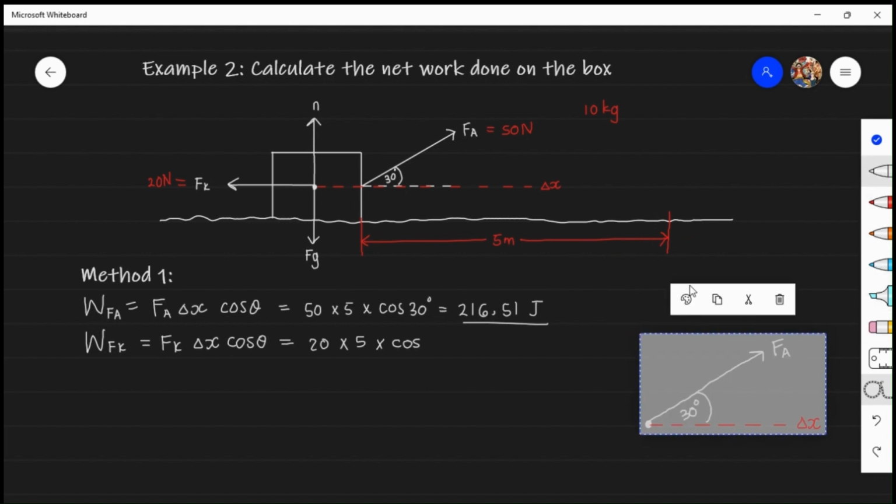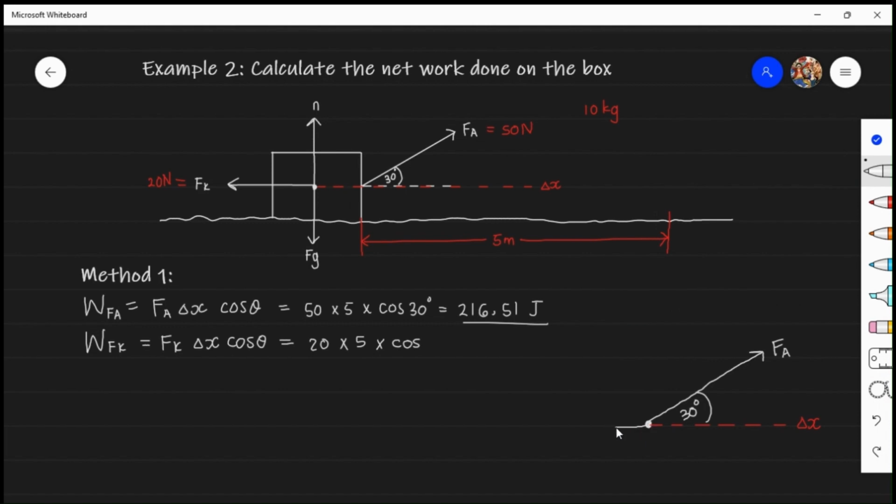Now, let's draw our kinetic frictional force. As you can see, there is a 180-degree angle between our kinetic frictional force and our displacement, because kinetic frictional force is in the opposite direction to displacement, and it forms a straight line on our free body diagram.